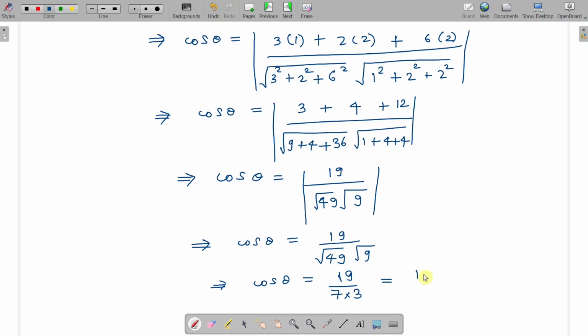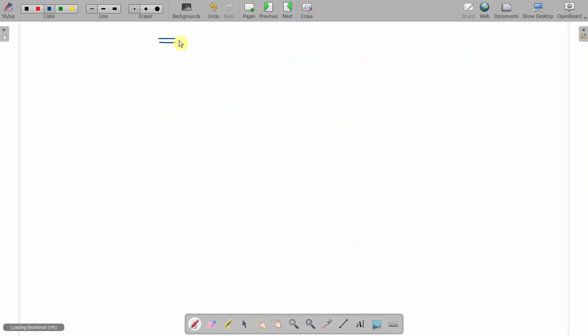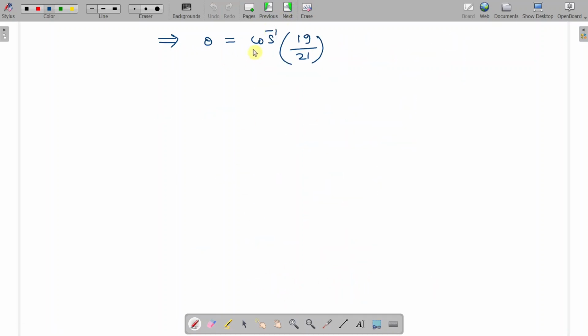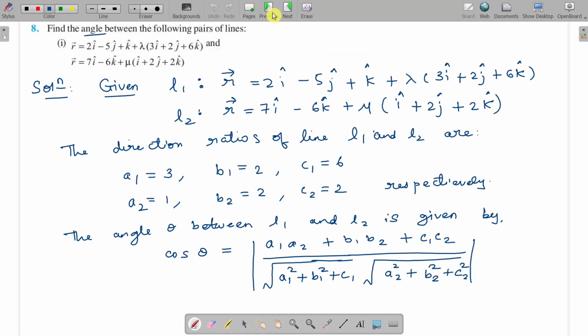So that means what we will get is 19 by 21, okay. And so theta will be equal to cos inverse of 19 by 21. Why? Because we will operate cos inverse on both sides to get theta, right? So that means we will get theta equal to cos inverse 19 by 21. This is the answer of the first sub problem of the problem number 8.